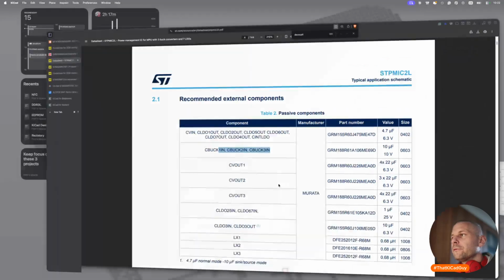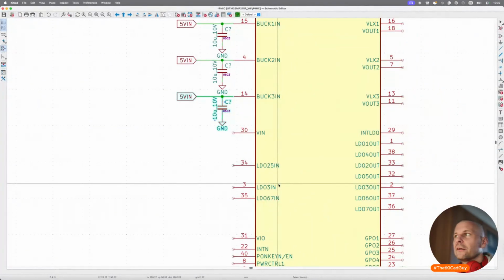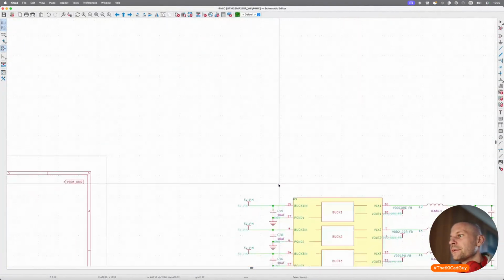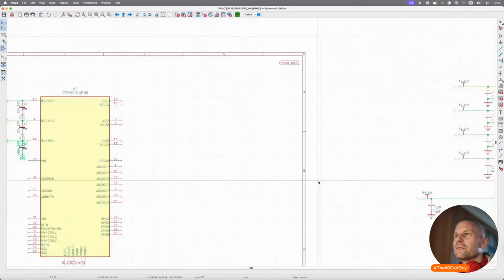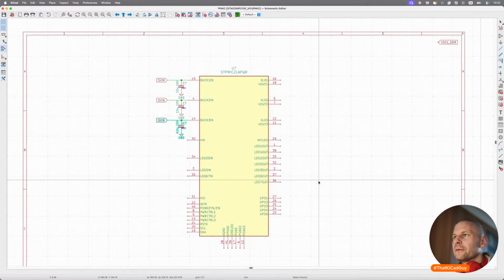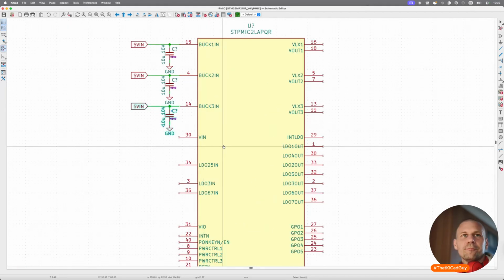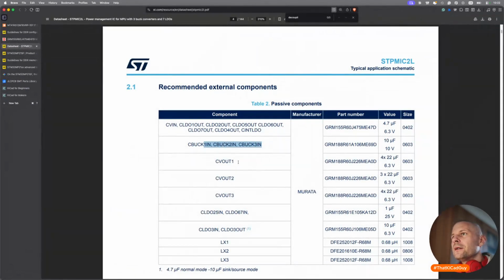V in, which is 30, and 30 is V in for, yeah, these drawings are pretty good. I'm considering drawing it as well, but not right now. CV in is 4 micro 7 to 6.3.